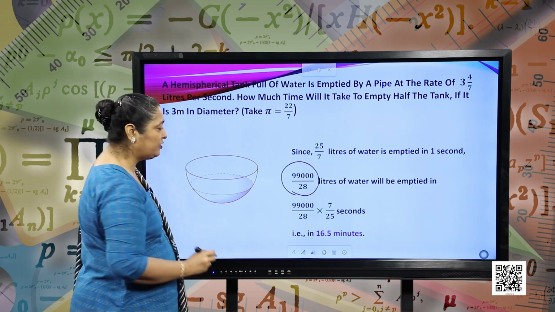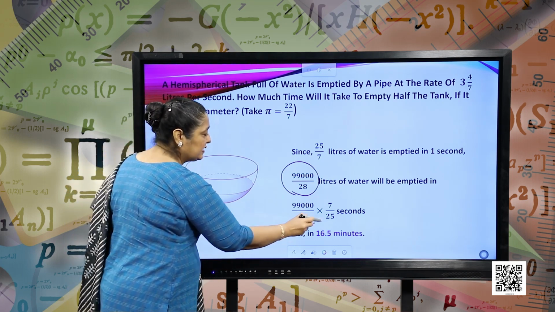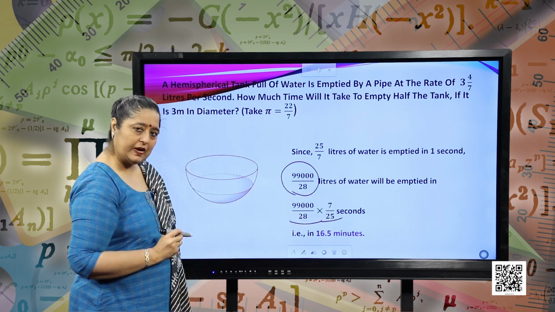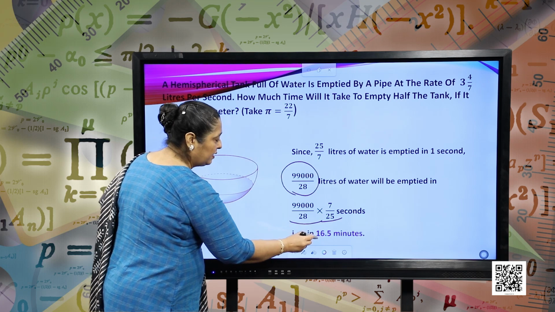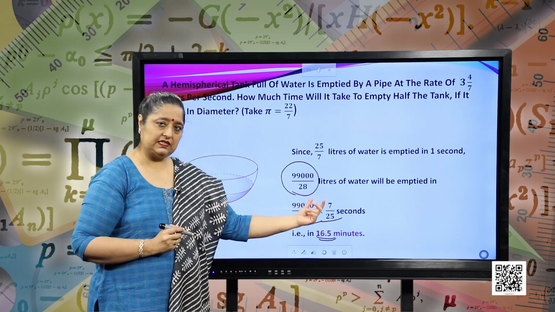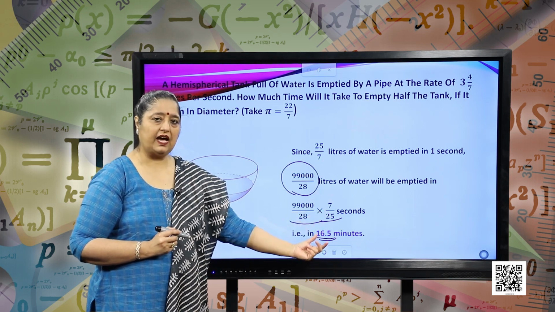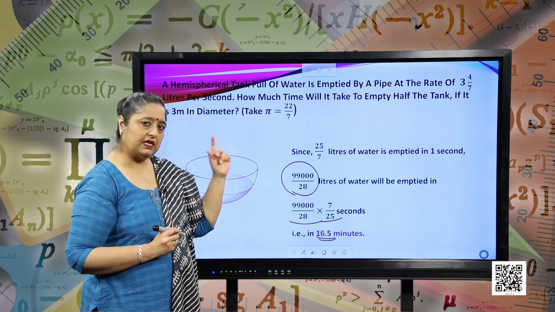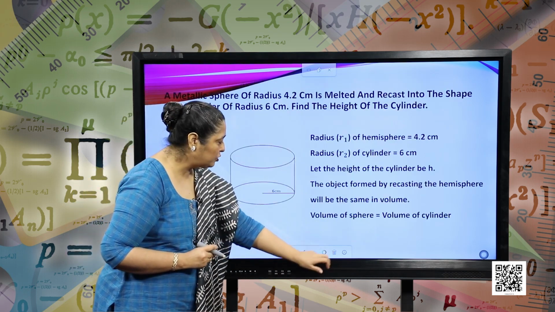So, how much time will it require? It will be this multiplied by 7 divided by 4, and converting these seconds into minutes, we have 16.5 minutes. I hope this question is clear. So, let us move forward to our next question.